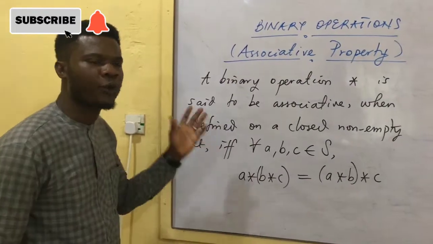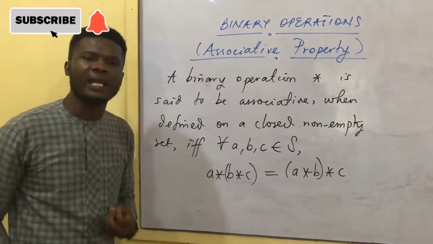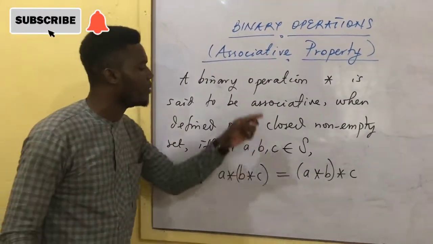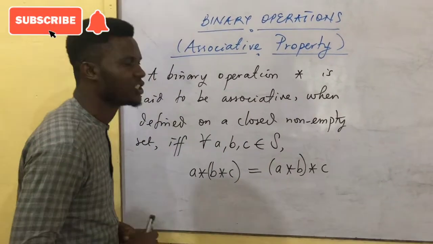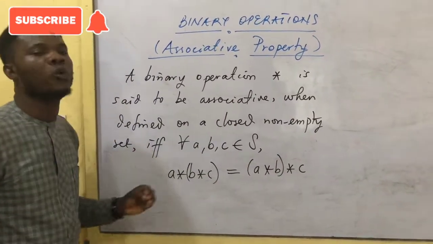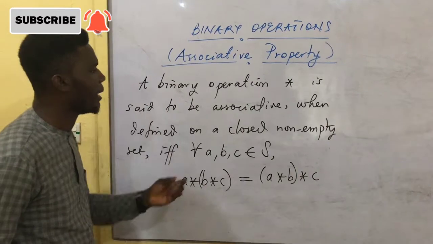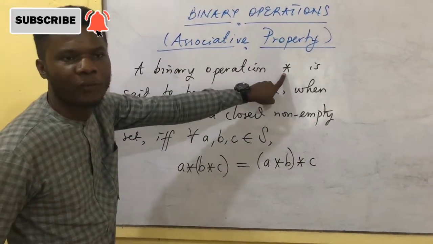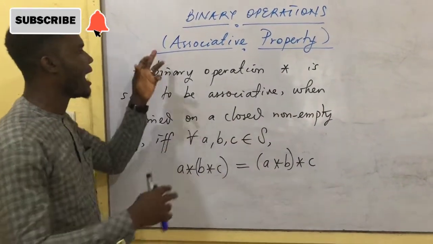So this property, for any three elements selected randomly from a non-empty set S in this case, if it holds, then it implies that asterisk binary operation in question is associative.